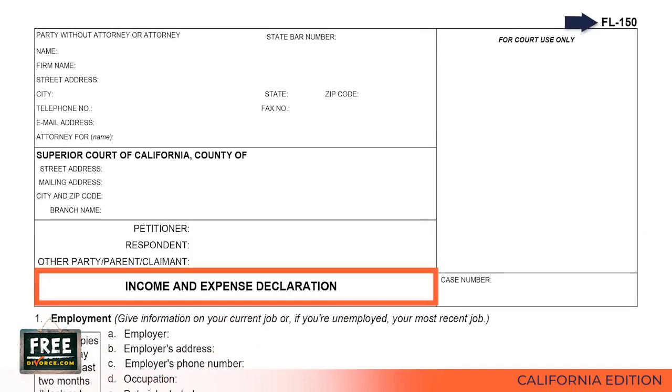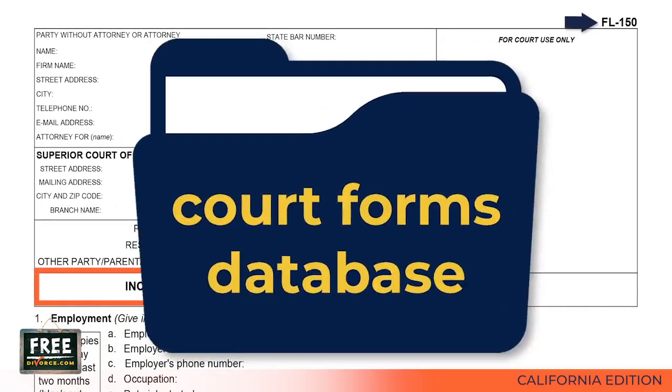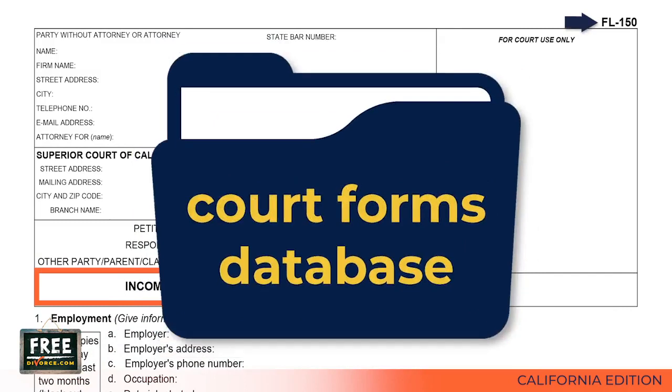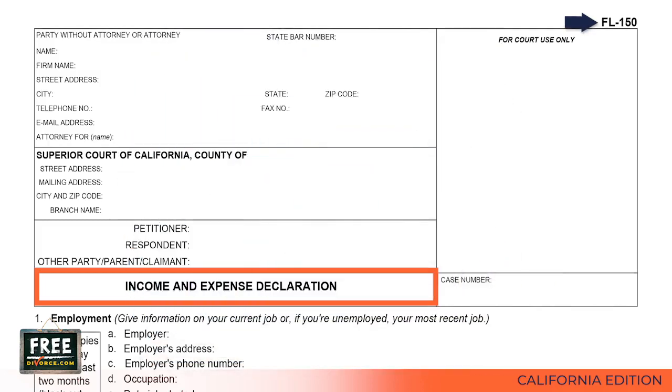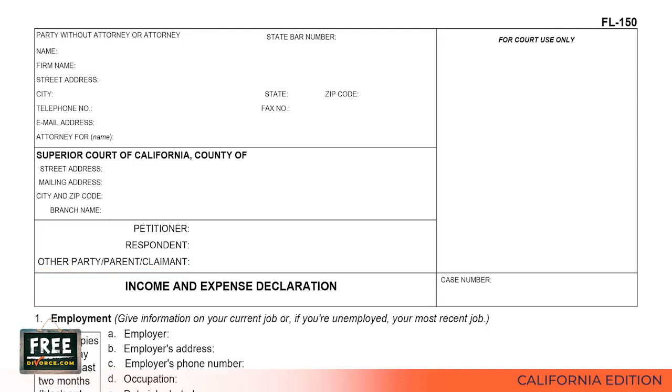You can find a blank fillable FL-150 in our court forms database. Please note, this is an FL form and not a DV form. I've seen the FL-150 income and expense declaration. It looks confusing. The FL-150 can be a bit confusing.